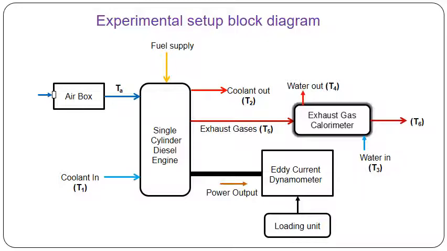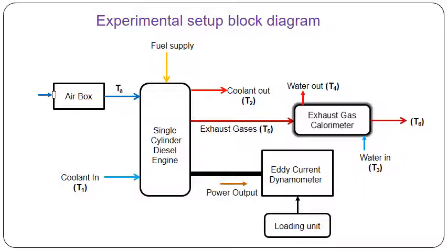Engine can be air cooled or water cooled, but generally most of the engines are water cooled engines. So, coolant is supplied at a lower temperature, and then once it cools the engine, it gets heated up, and that temperature can also be measured.